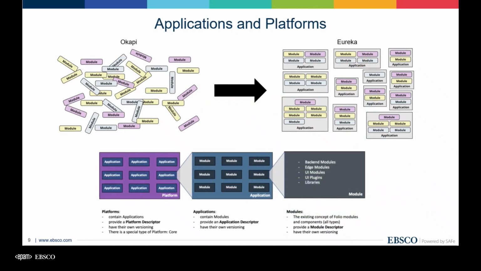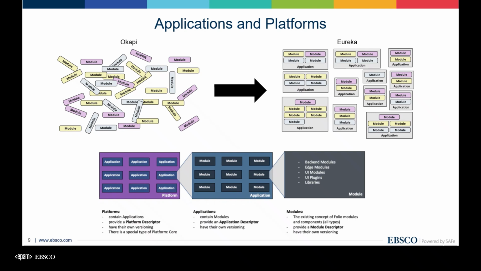So to expand on applications and introduce yet another new term, platforms, we'll start at the top left-hand side here. With Okapi, you have this big bag of all the modules, and those could be front-end modules, back-end modules, storage modules, edge modules, whatever it might be, all just lumped in together.